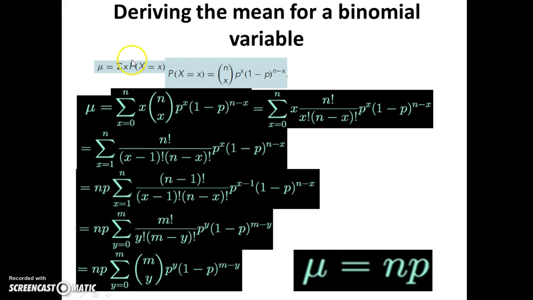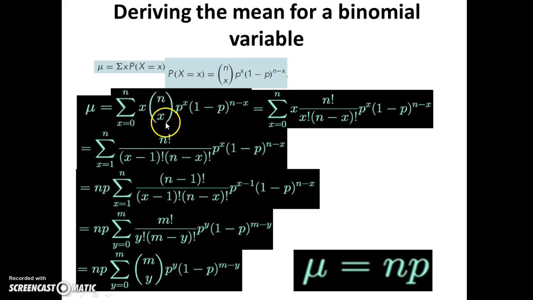This is the formula to find the mean, and as you see, the probability appears in here. We take this expression for probability and plug it in, and that's what you get.